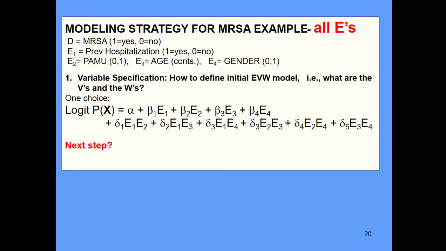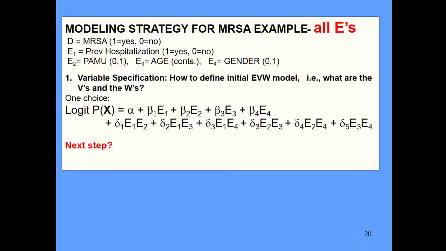I've said basically, I don't know anything about any of these variables that I'm dealing with. I don't know anything about age and gender and their relationship to MRSA either. They're all exposure variables. This is almost like hypothesis generating. I'm at the start of research on this thing, and I'm treating them all as exposure variables. So they're all E's. So this is my starting model. See that?